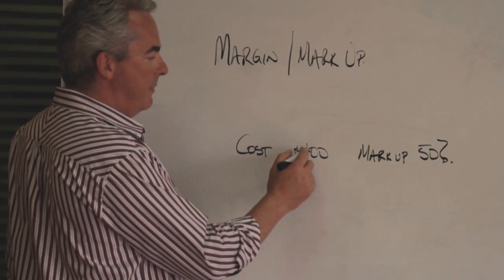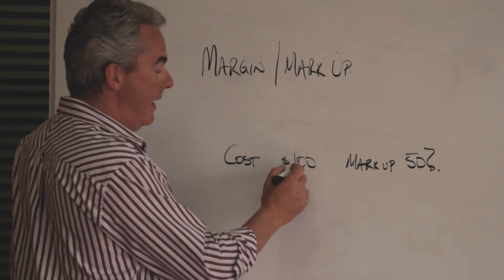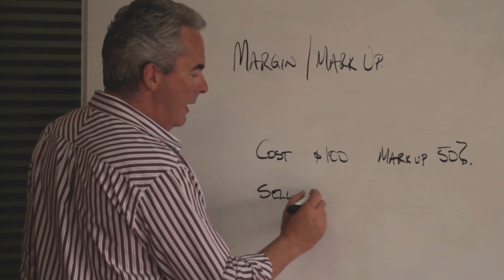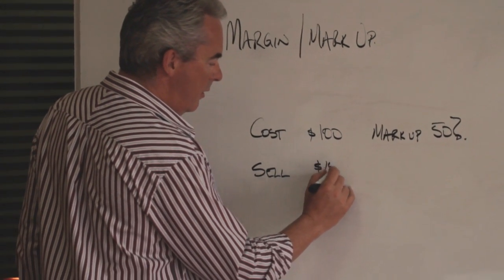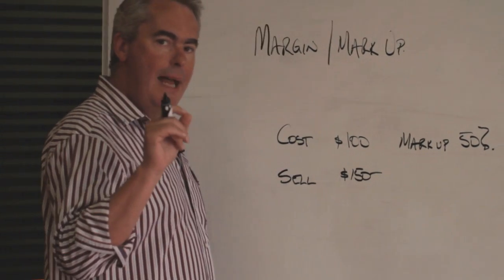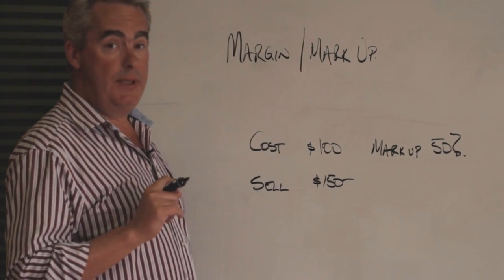Our markup of 50% means that we take 50% of that value and add it to it. So our sell price is then $150, okay? But our margin is only 33%.